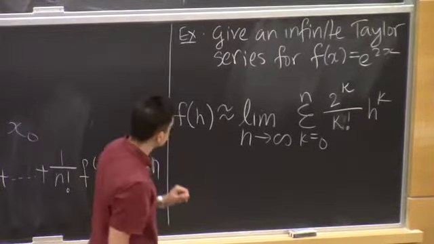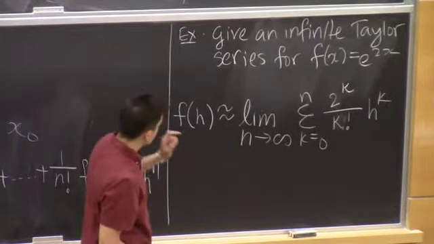Right. Yes, I guess I should say that this is actually an equality, right? So this is an equality. Right, so for nice functions, it's equal to its Taylor series.